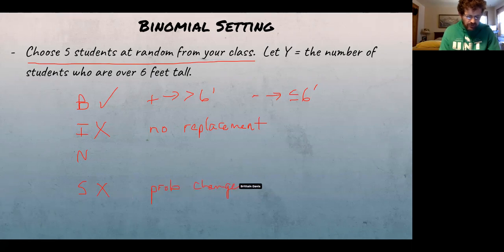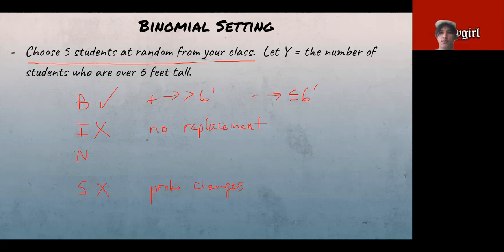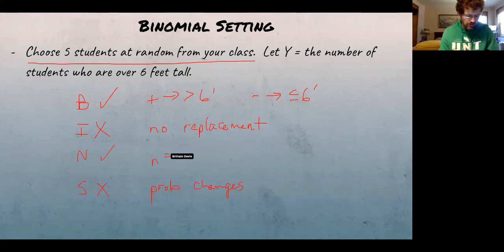All right, so we can't use our formula for this. I couldn't ask you for the probability of exactly 3 being over 6 feet tall because it doesn't meet these criteria. You can't do that calculation. But, just to finish this off, does it have a set number of trials? Yes.